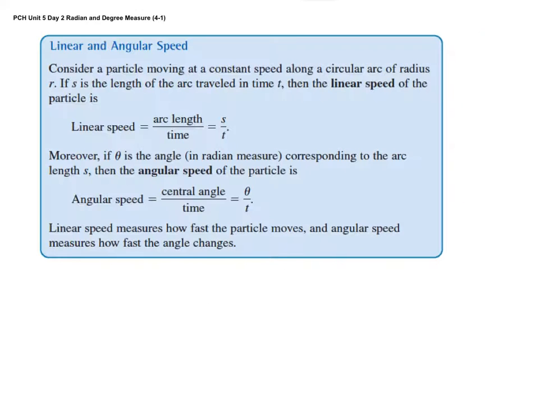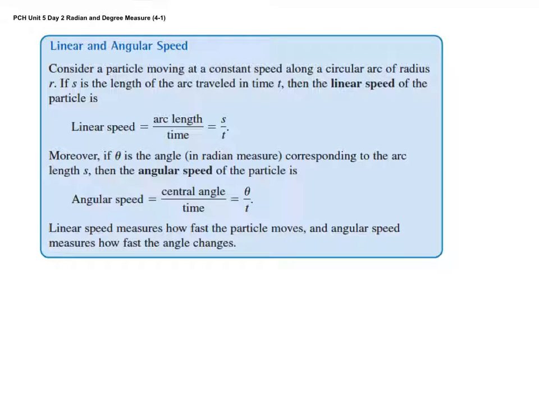All right. This brings us to a concept I just want to touch on. One of the things that we can also calculate here is a speed. Think about it. When you're measuring speed, you do distance traveled divided by time. That's pretty easy to do if something's moving in a straight line.